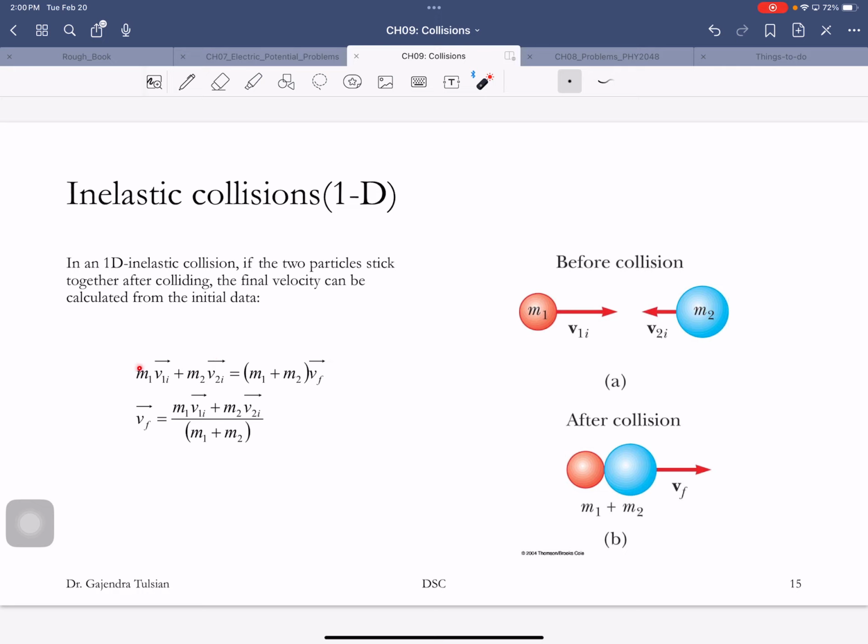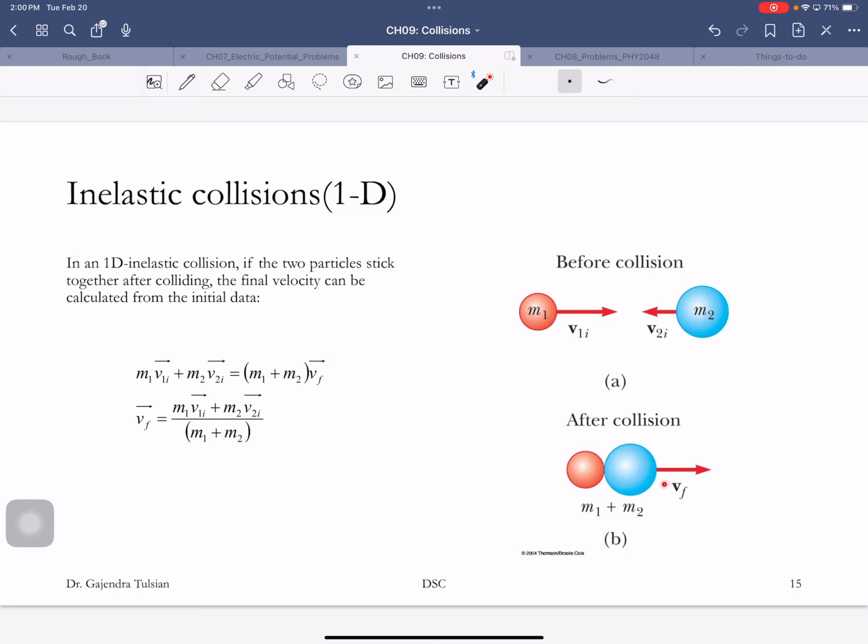So there is the sum. Here we are considering a 1D collision, and in this collision the two objects stick together. So if you have a collision like this, the final velocity is this. It has to be this. It cannot be anything else. If the two objects stick together, the final velocity has to be this, and we'll do this lab.